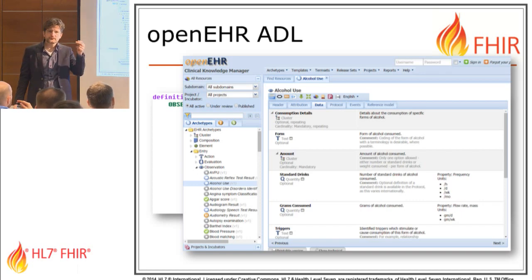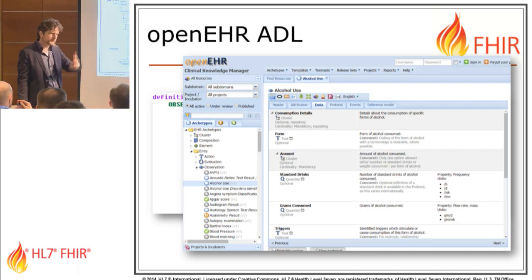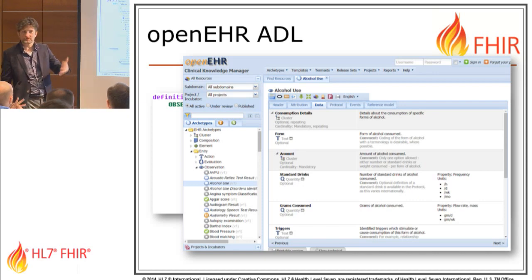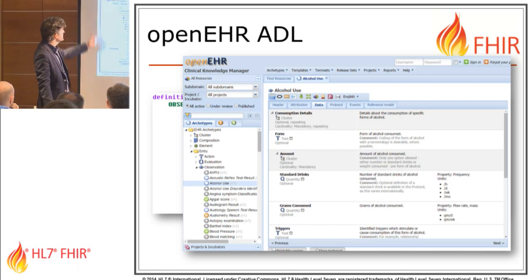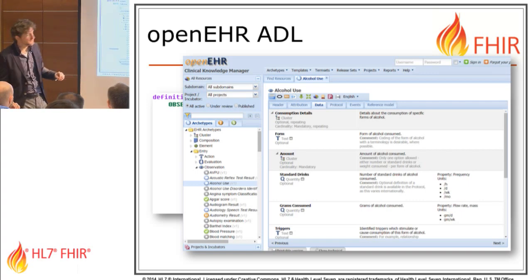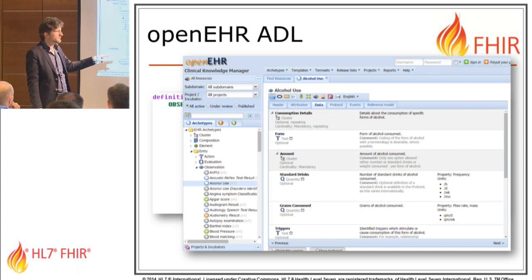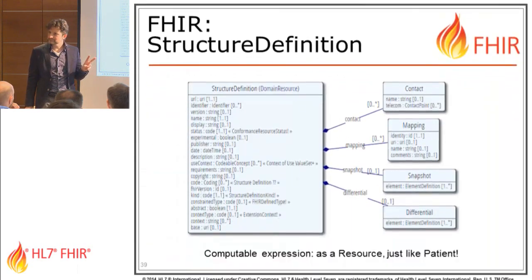So all those constraints, change the cardinality, change the values, say do this, do that, you actually wrote it down in a form that is readable by a machine. The advantage, of course, is that then machines can check your data against that and can validate the data that you sent across. And openEHR did that. They developed something called an archetype definition language, which is, in the end, a bit of data that a computer can read. And we copied that approach in FHIR.